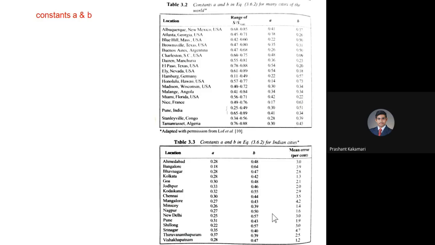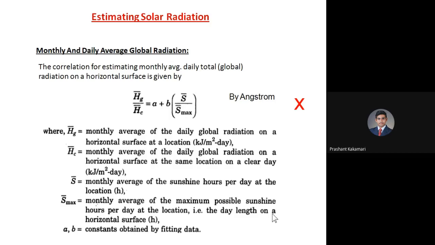In this you can observe he has taken all the values of solar global radiations and found these a and b values for Indian locations, like 17 cities, or in the table above for different locations throughout the world. He has shown the S bar by S max bar values, their range, and the a and b values. Based on their research they have given those a and b values. They can be given directly in the problem to substitute, or else by referring to these tables as data sheets we substitute them in these equations.